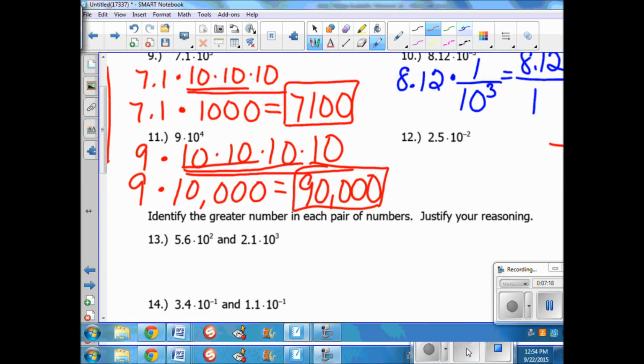Now let's do number 12. So let's do the same thing. So 2.5 times, take the reciprocal because it's a negative exponent, and then think to yourself, okay, 2.5 times 1 over 100. Put that over 1, multiply, so 2.5 or 2 and 5/10 over 100.